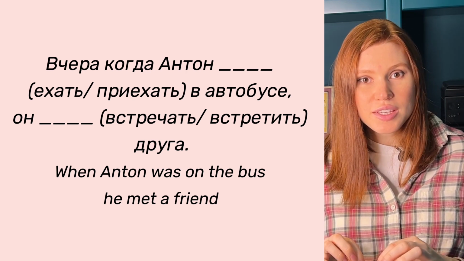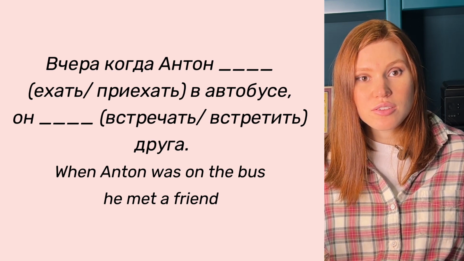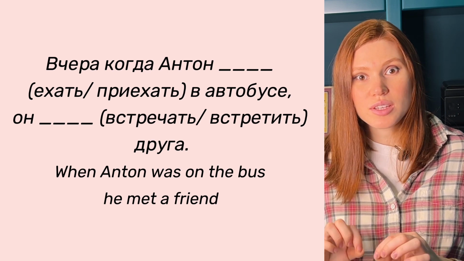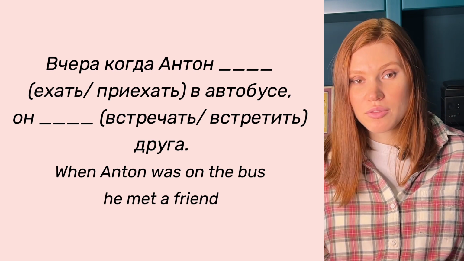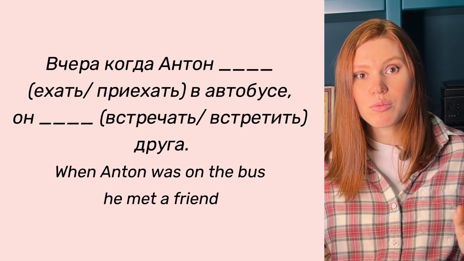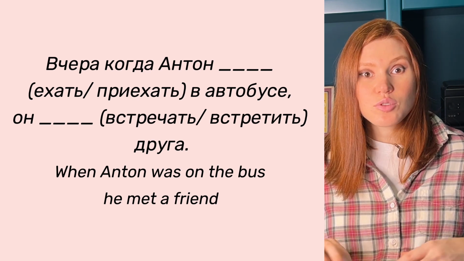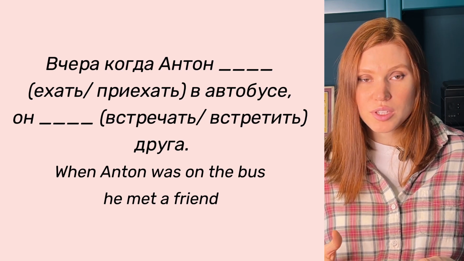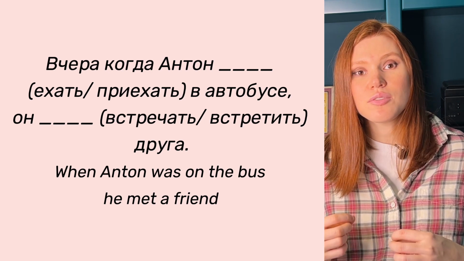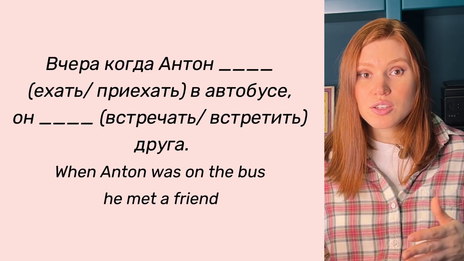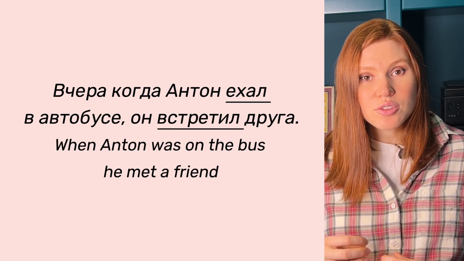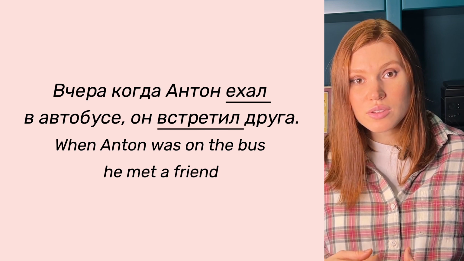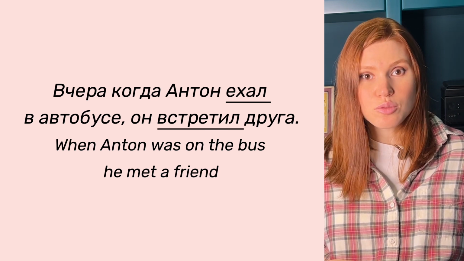We have one long action and one short action. And if you have this situation, a long action we use in the form of imperfective verbs and a short action we use in the form of perfective verbs. So here, когда Антон ехал в автобусе, он встретил друга.